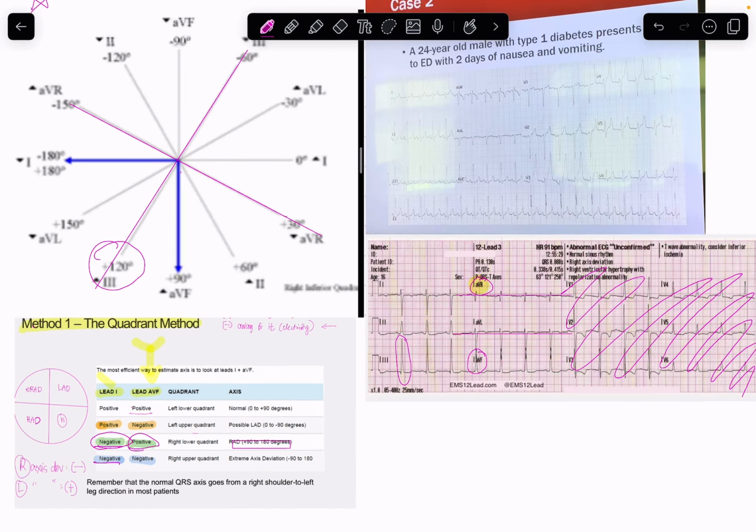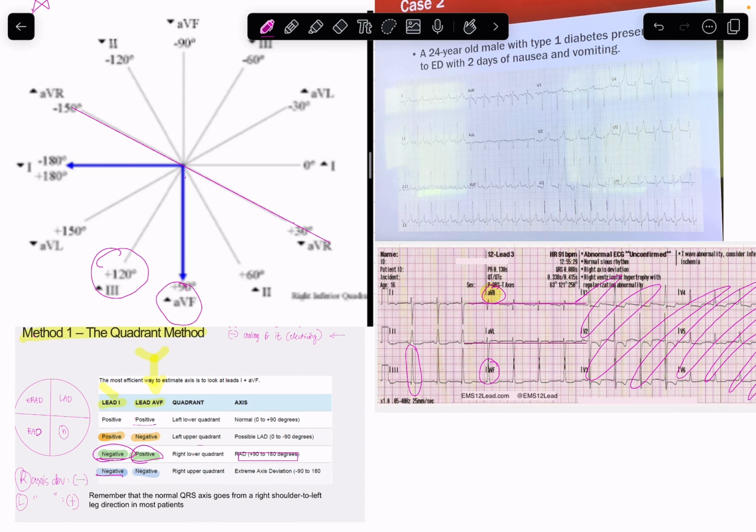So it can be more like right here in our deviation.